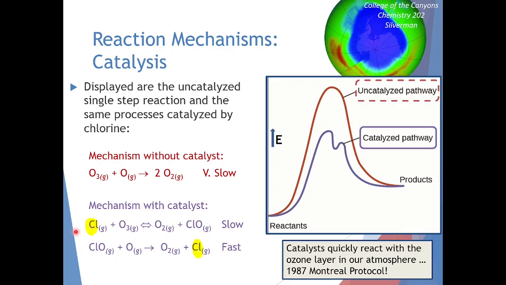The work done studying this reaction and this mechanism was awarded the 1995 Nobel Prize in Chemistry to Paul Crutzen, Mario Molina, Sherwood Rowland, and it led to some environmental policy changes. The 1987 Montreal Protocol limits the amount of chlorine-containing molecules that can be used in things like refrigerants.